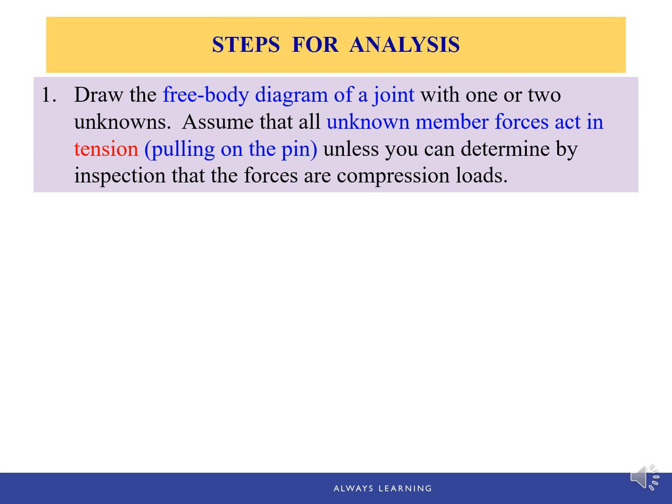If you have more than two unknowns at one joint, then we don't have enough equations to solve it. Assume that all the unknown member forces act in tension, unless you can determine by inspection that the forces are compression loads. Keep in mind, you have to draw the free body diagram of a joint to solve your problem.